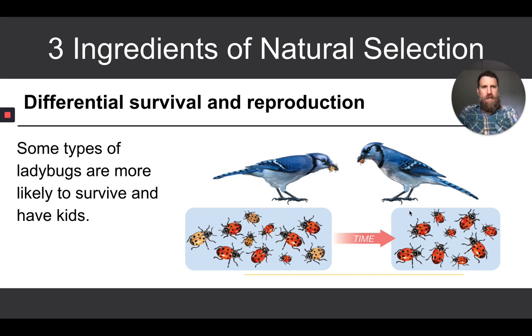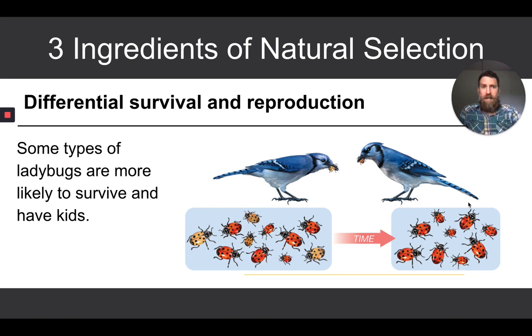Blue jays here, being part of nature, are selecting. Nature is selecting for the red ladybugs because the blue jays are eating up all of the orange ones. It doesn't have to be blue jays. It could be some other aspect of nature. It could be a cooling climate.